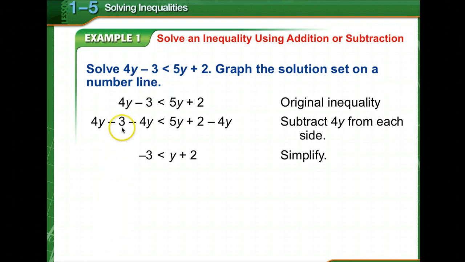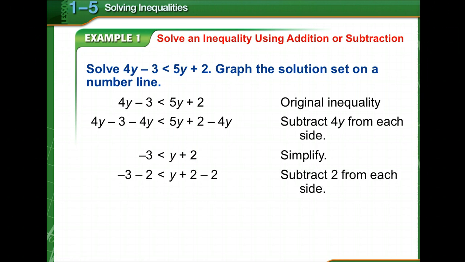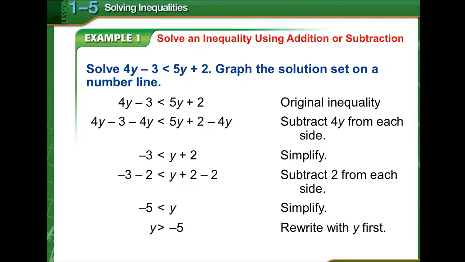That's going to leave us with a negative 3 on this side, less than, and 5y minus 4y is y plus 2. Now we're going to subtract 2 from both sides because we're wanting to isolate this y. So if we subtract 2 from both sides, we will end up with negative 5 is less than y. Now we can rewrite it with the y first, so y is greater than negative 5.